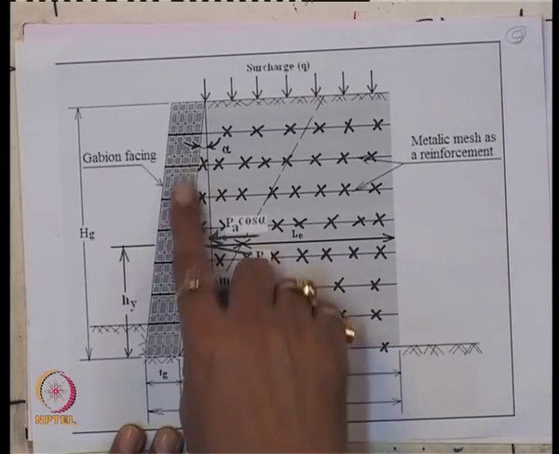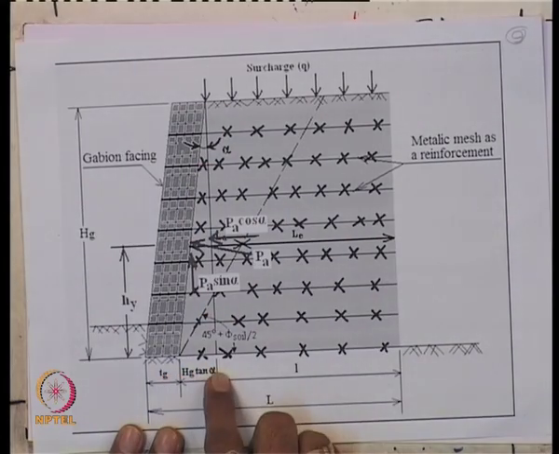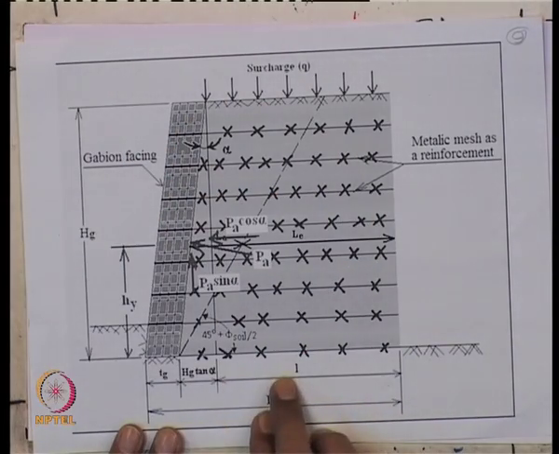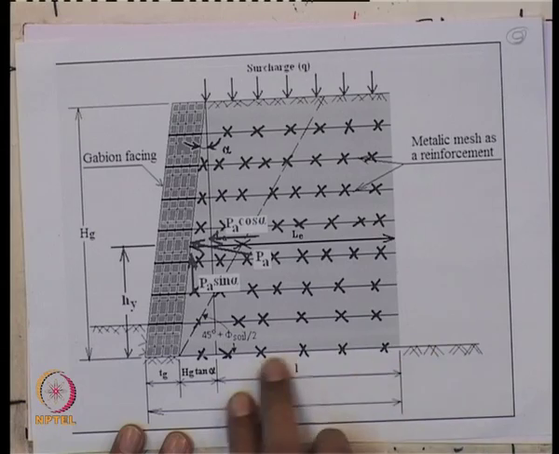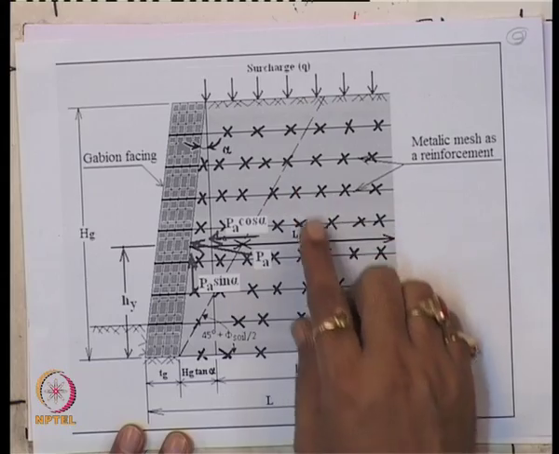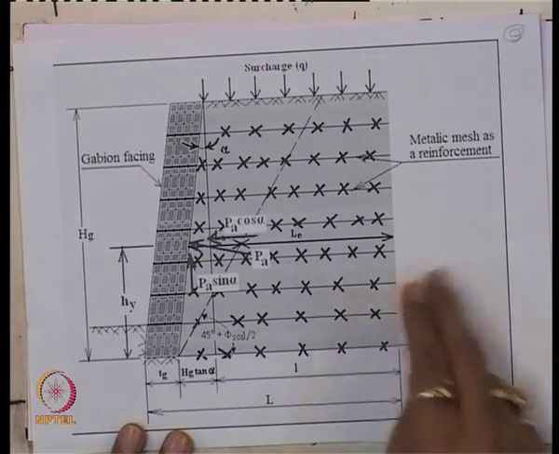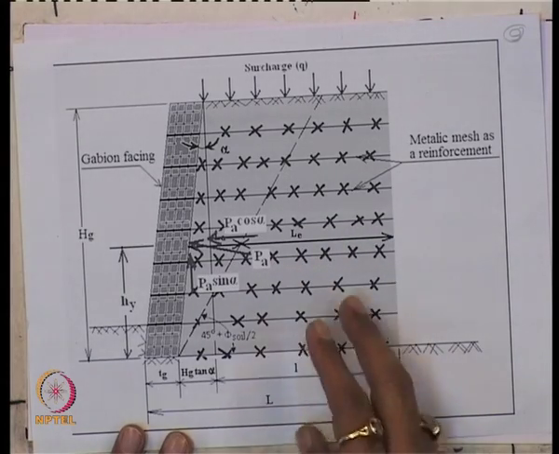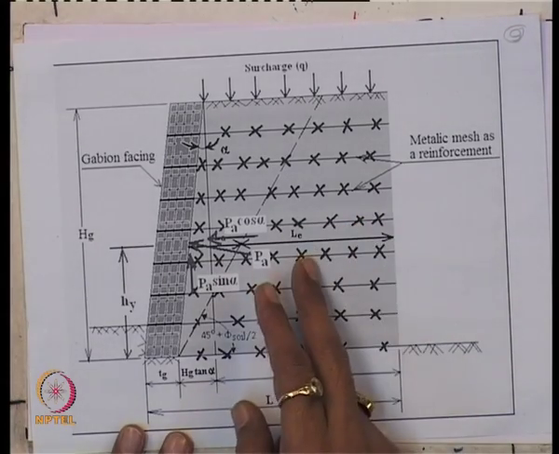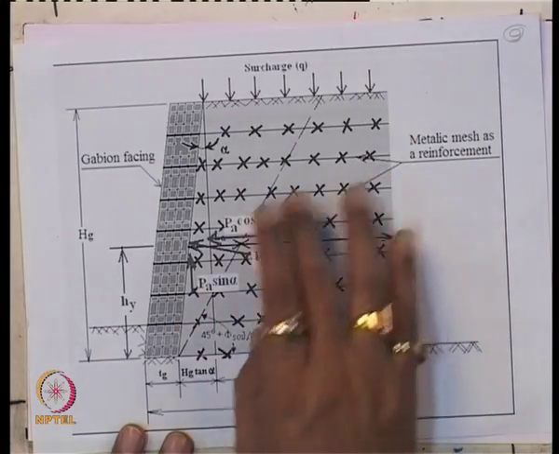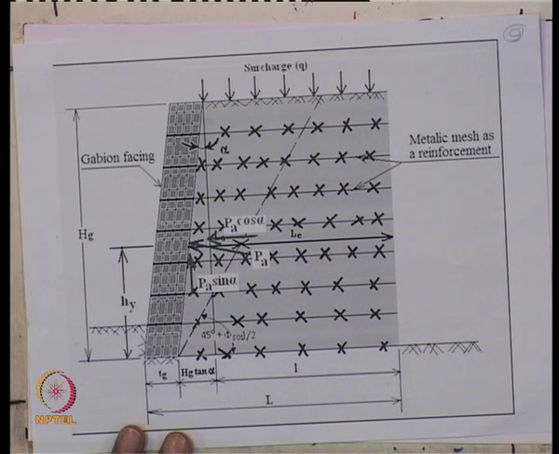So this is like a triangle, half of Hg tan alpha into this height, which is Hg, plus this, that means this is L and this height is Hg, and the density of the backfill soil is gamma S. So this area into gamma S. So you can calculate the weight of the backfill soil.